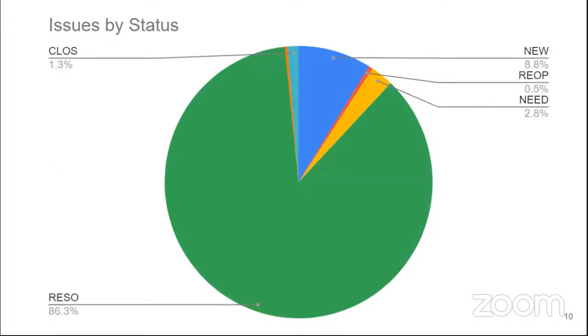Here are issues by status. They have a legend for each newly created bug, with statuses such as new, closed, resolved, reopened, and need more info. When users open a new issue, the status is set to new.